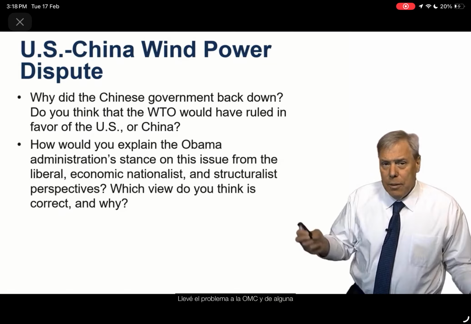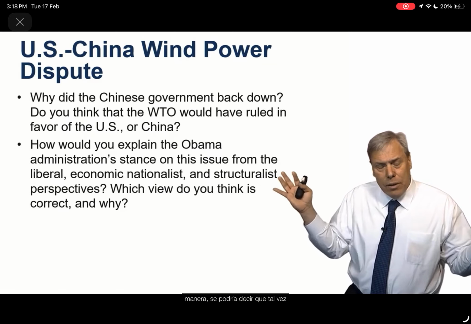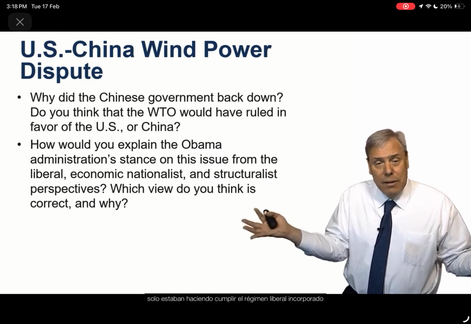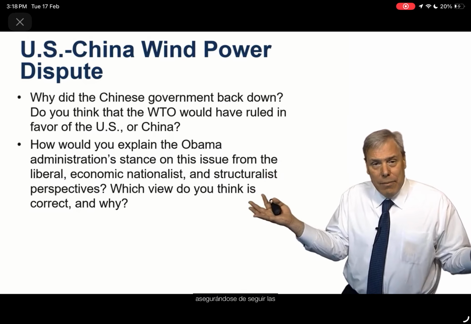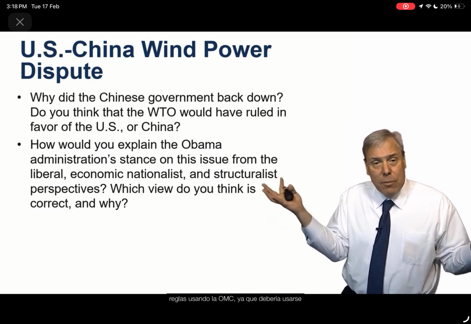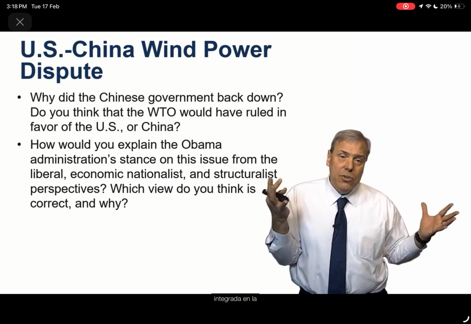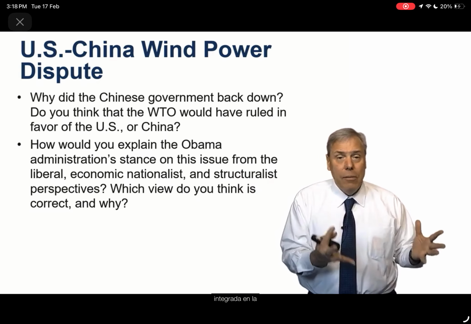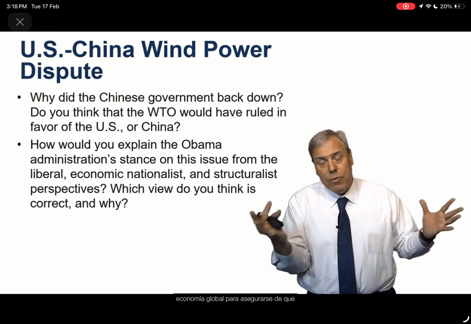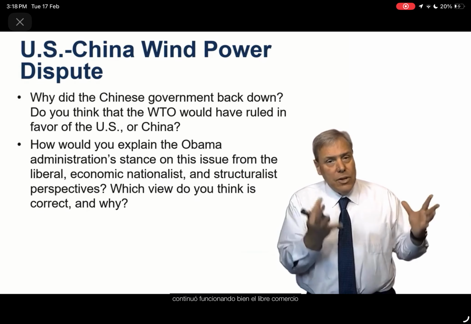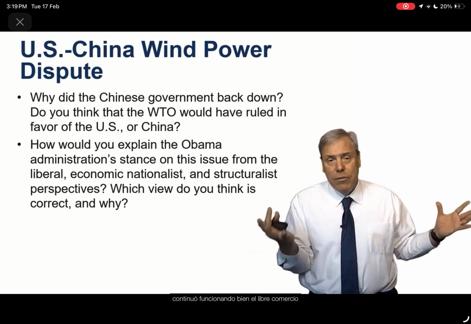They took the issue to the WTO, and in some ways you could say, well, maybe they were just enforcing the embedded liberal regime, making sure China followed the rules, using the WTO as it should be used, as a strong multilateral institution built into the global economy to make sure the rules were followed, that the global economy continued to function well, free trade prevailed.